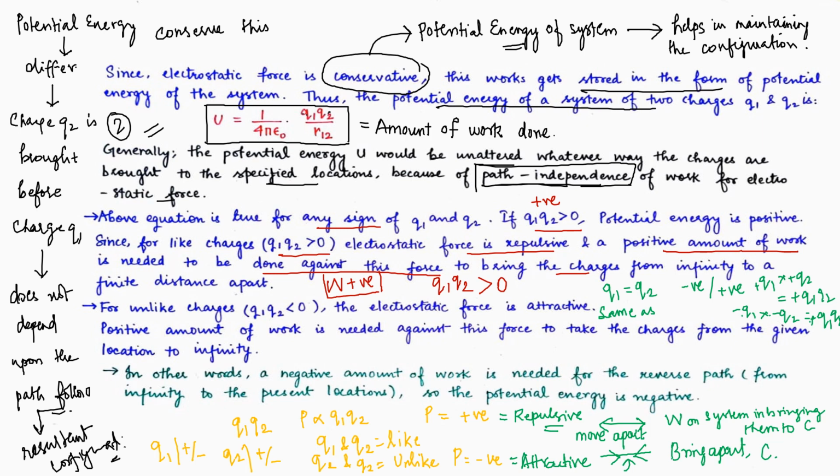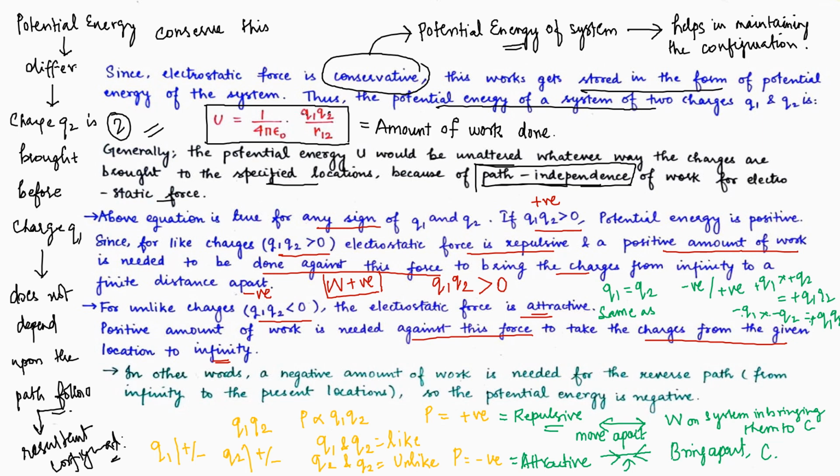Now, for unlike charges, Q1 Q2 being smaller than 0, that is negative, the electrostatic forces are attractive. The forces between the two charges are attractive. A positive amount of work is needed against this force to take the charges from the given location to infinity. In the previous case, we were talking about bringing the charges nearer.